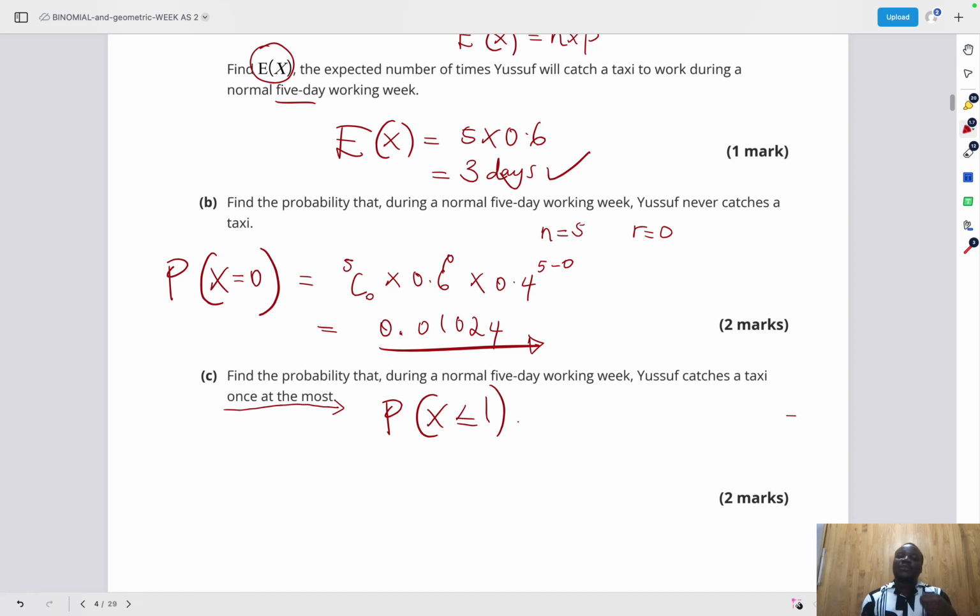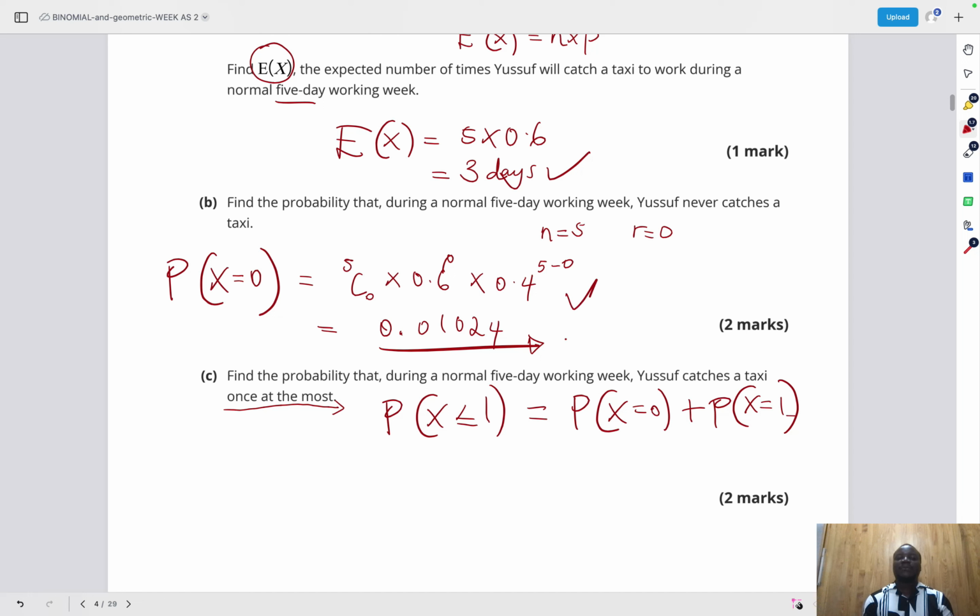Not more than once means that you are either one or less. Now, this means the probability that x is equal to 0 plus the probability that x is equal to 1, because you can either not catch the taxi or just catch it once. Okay, so the probability that x is equal to 0 is this one here.